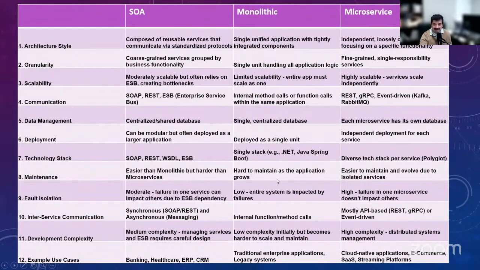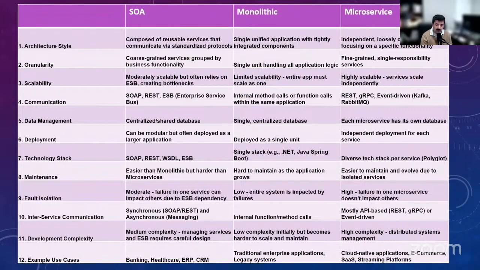A monolithic application is very hard to maintain because, as I discussed, if you make changes to order, it can affect inventory and other parts. Whereas microservices are easy to maintain or evolve. Fault tolerance: as we said, microservices are independent applications.